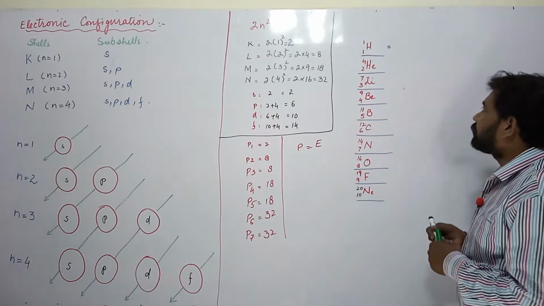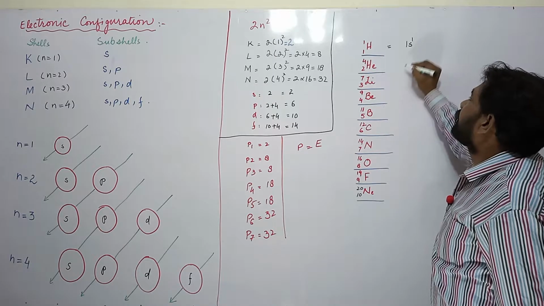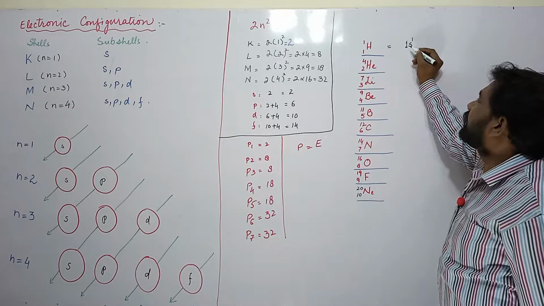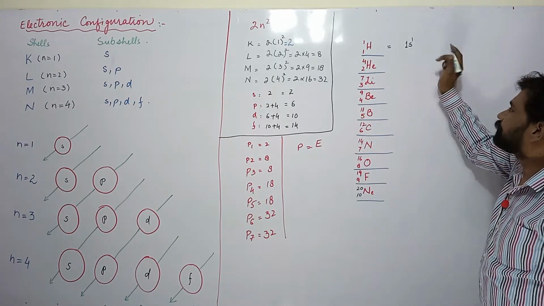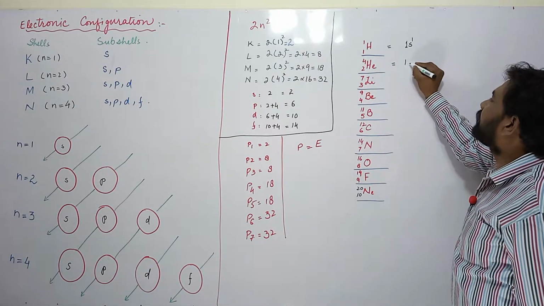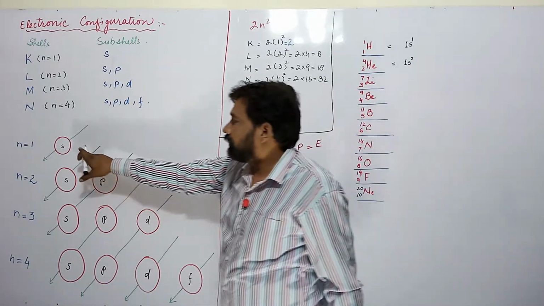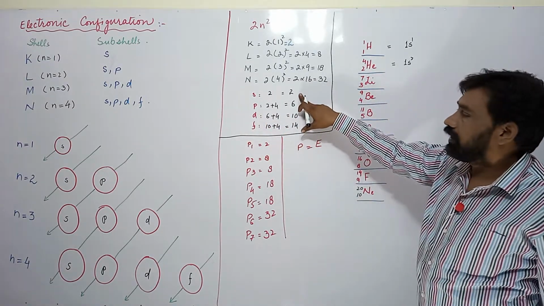So students, electronic configuration of hydrogen is 1s1 because there is only one electron. This 1 is showing that n is equal to 1, quantum number 1. In case of helium, there are 2 electrons. So in s, 2 electrons can be accommodated. In 1s, in s, maximum electrons which can be accommodated are 2.